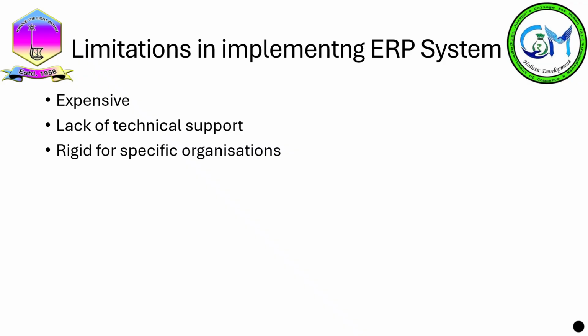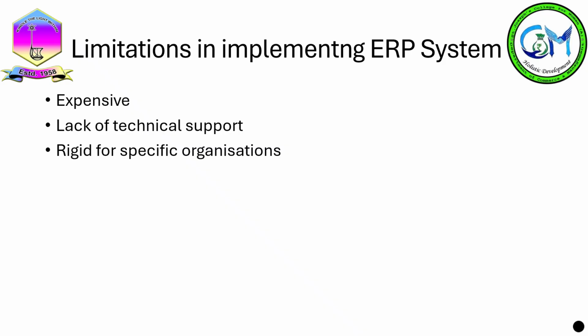There are certain limitations in implementing an ERP system in a business organization. The first limitation is that it is very expensive. The present business processes have to be retaught to make them synchronize with the ERP, so it is very expensive to implement for some organizations.